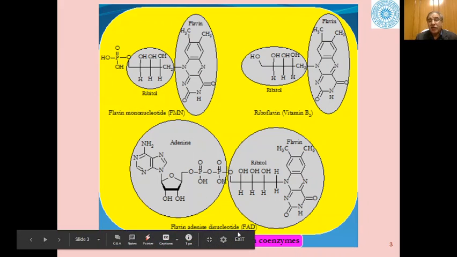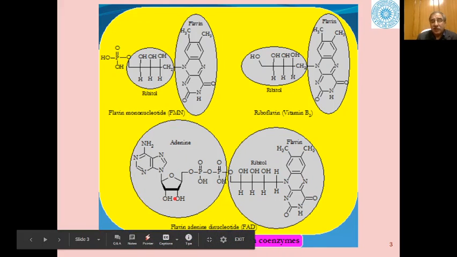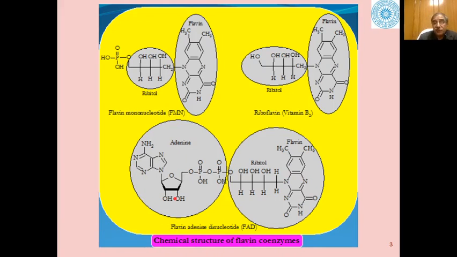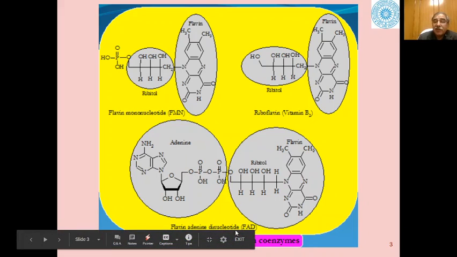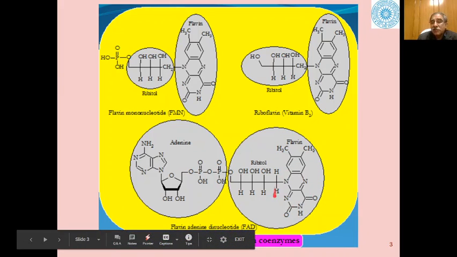Similarly, flavin adenine dinucleotide is where vitamin B2 is attached to two phosphate groups, and in addition we have adenine attached to these two phosphate groups, so we get flavin adenine dinucleotide. But the point of activity in both the coenzymes is the same, this ring containing nitrogen as the heteroatoms.